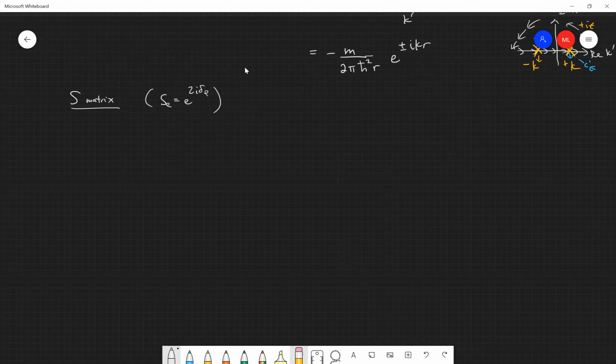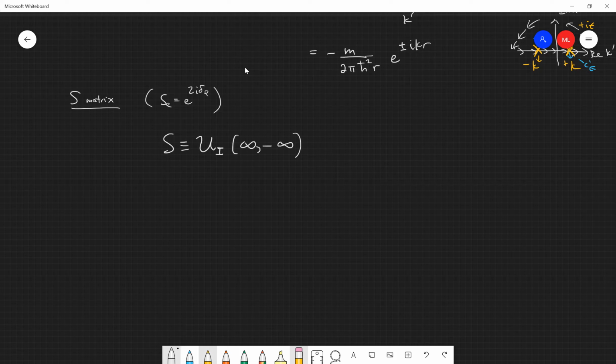The S matrix, all it is actually, in operator language, is the interaction picture evolution operator that goes from the far past to the far future. And again, I've drawn this kind of picture before.